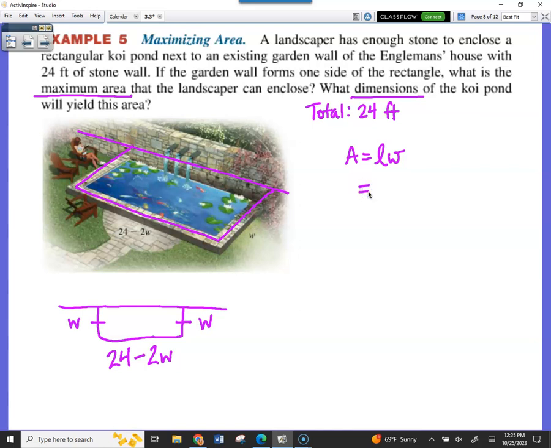What's my length? 24 minus 2W. Okay, and then we already know the width, right? It's W. That is our function for the area of this rectangular koi pond based on the size of the width. Now, if we're trying to maximize the area, what has this entire section been about?